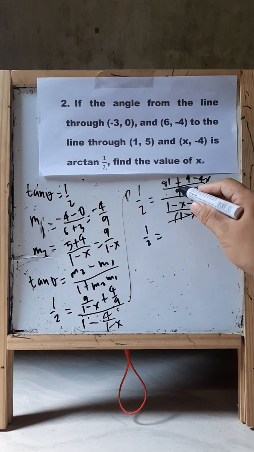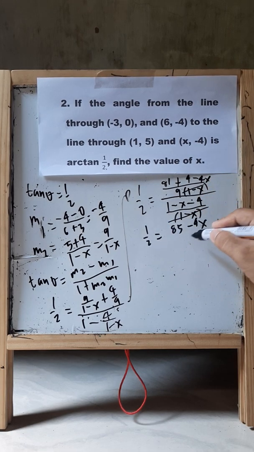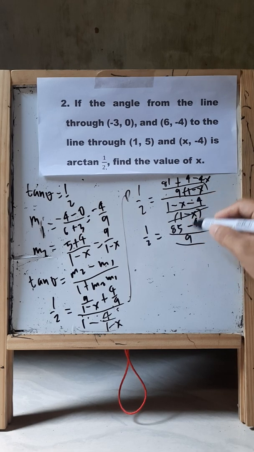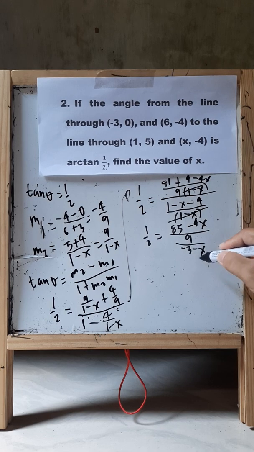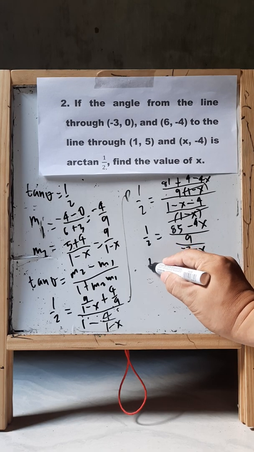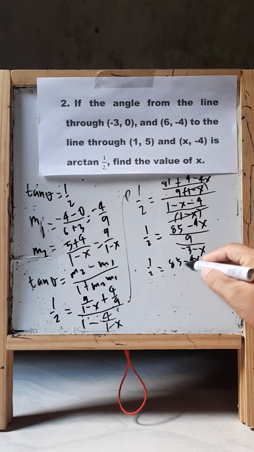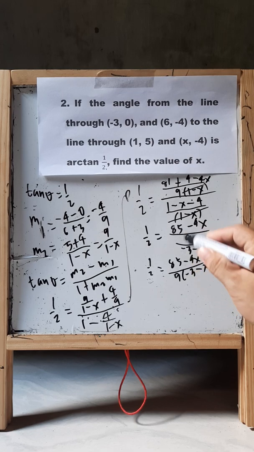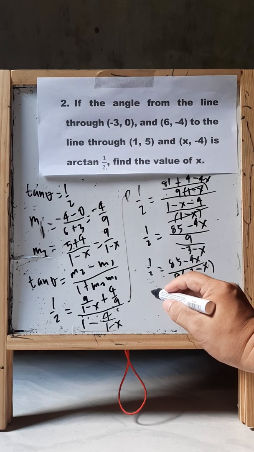So that 1/2 is equal to 81 plus 4 is 85 minus 4x over 9 over 1 minus 4 is negative 3 minus x. Tama ba? So this will become 1/2 equals 85 minus 4x over, we're going to multiply 9 and negative 3 minus x. Then we'll do cross multiplication.